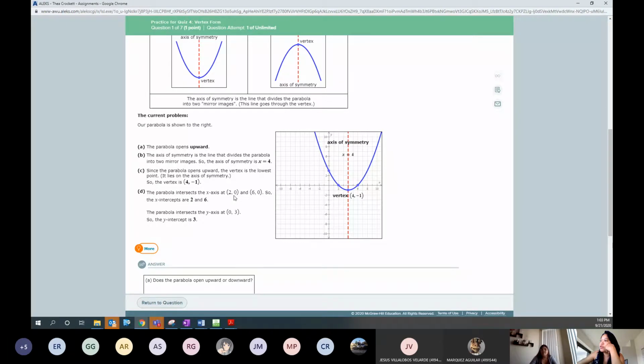You're just going to write the two x values, 2 and 6, separated with a comma. And if we have x-intercepts, we're also going to have a y-intercept. This is where the parabola crosses your y-axis. Since it crosses at (0, 3), you remove the 0 and just type in 3 for your y-intercept.